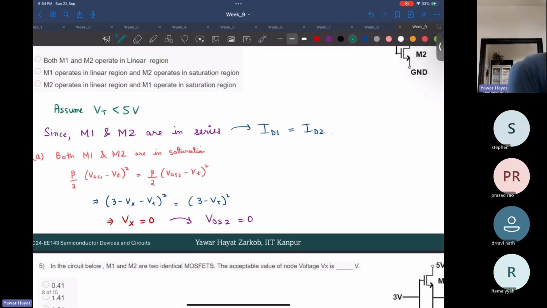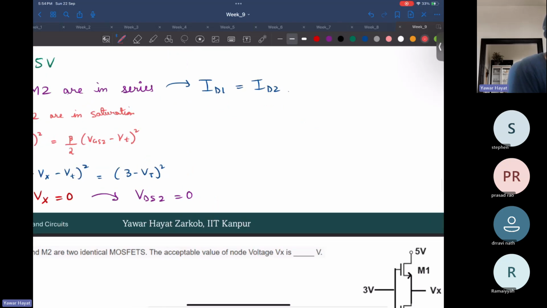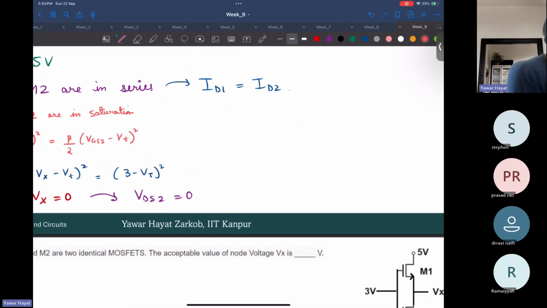So let me write what he just said. Your VGS2 minus VT is less than your VDS2, right? But this is the condition for saturation.